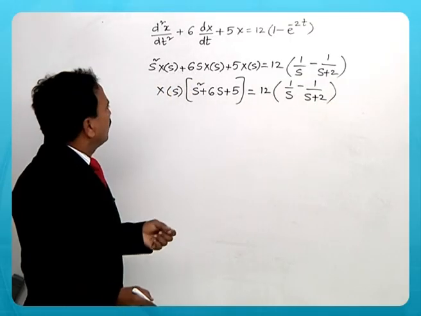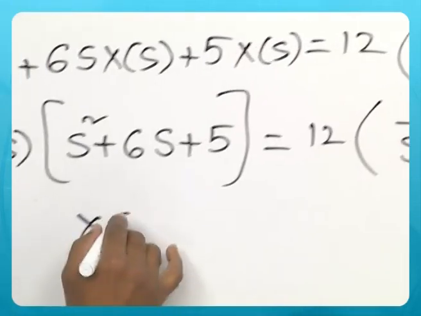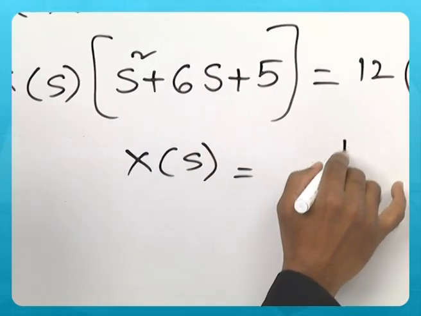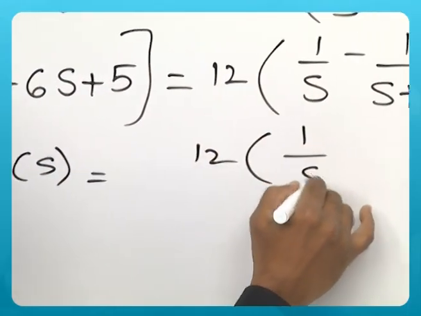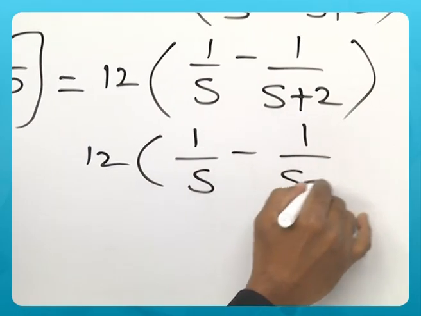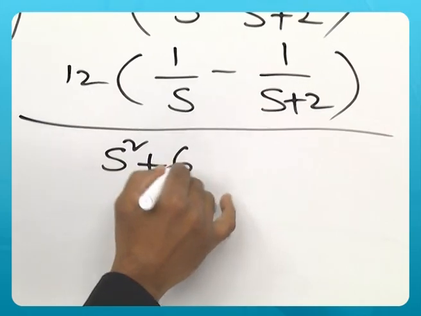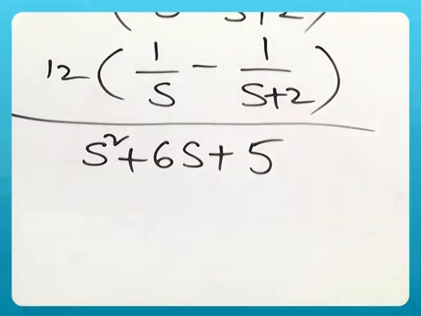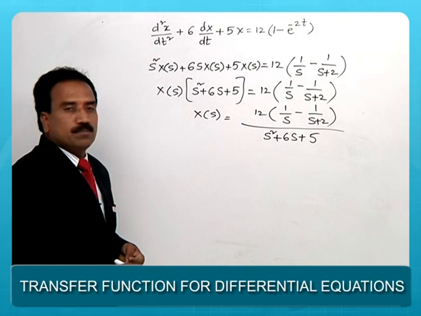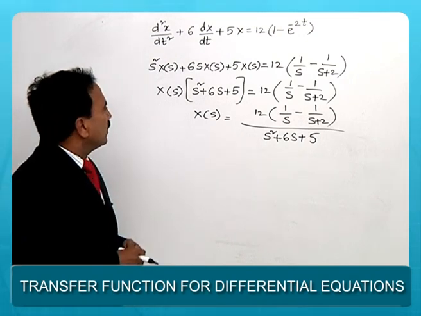Now, x of s you should get by taking s square plus 6s plus 5 to the right hand side.